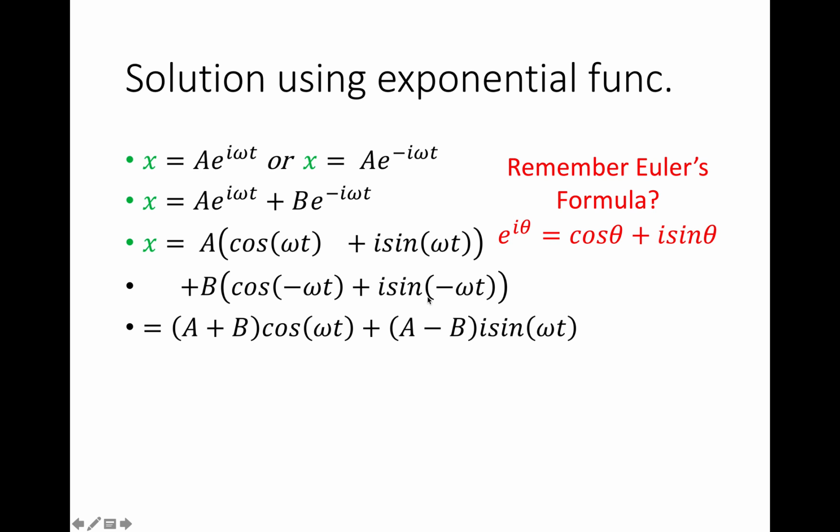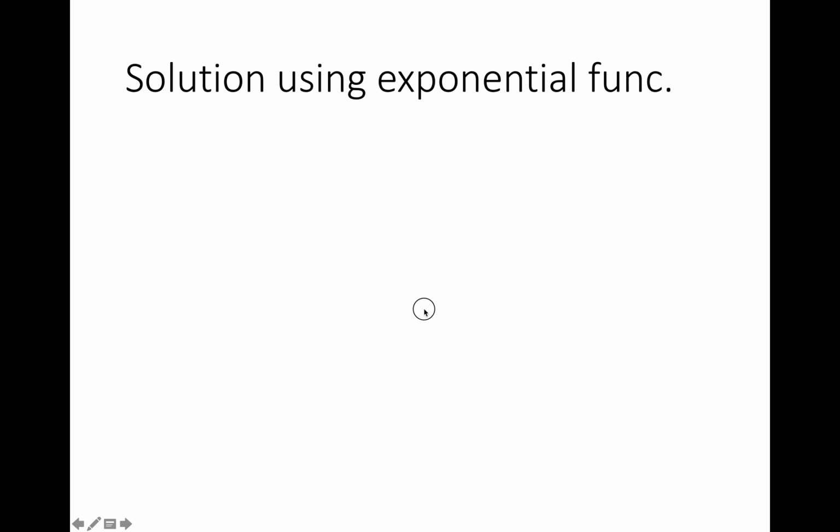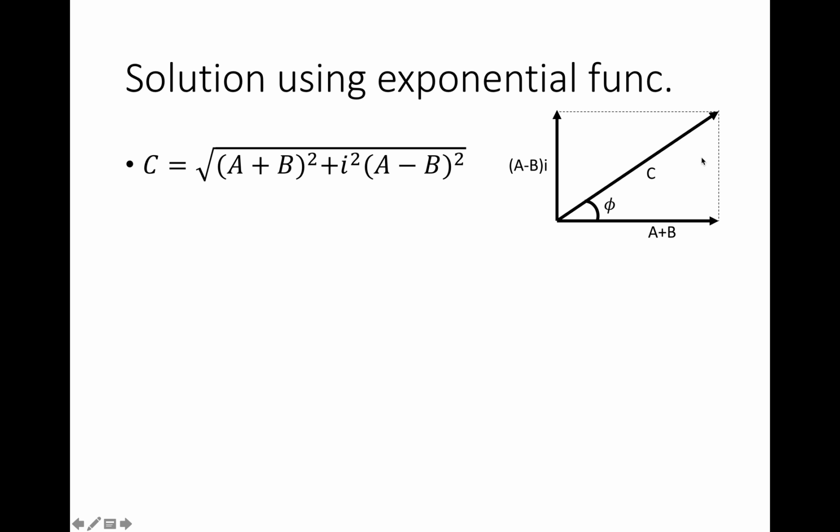Okay, with minus because the minus comes out here. So this is also the same with this part and with another this part. This time, instead of A and B, we use A plus B and A minus B times i as two sides of the triangle, and C will be defined by the square root of this part and this part.